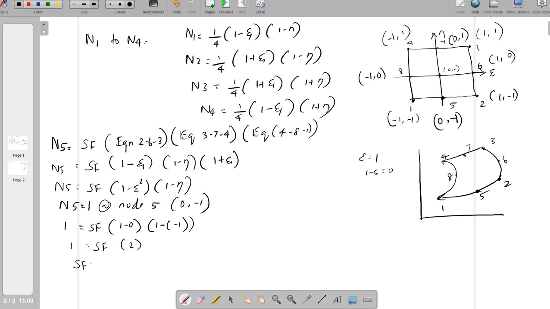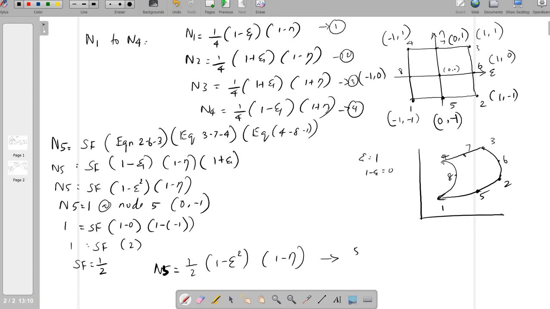So the scale factor is equal to 1 by 2. After substituting the scale factor, N5 becomes half into 1 minus epsilon square, 1 minus eta. Equations 1 to 4 are from the previous derivation; here it is equation number 5.